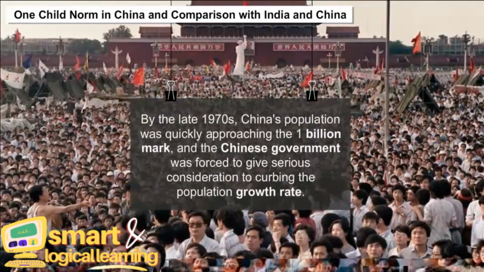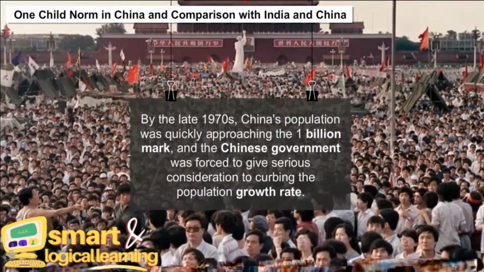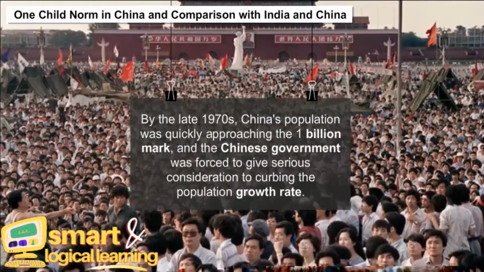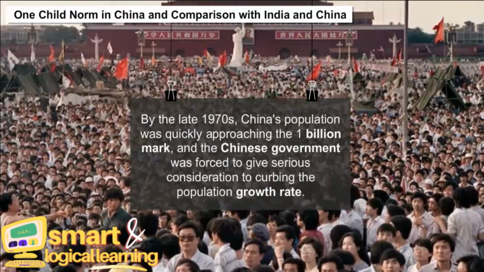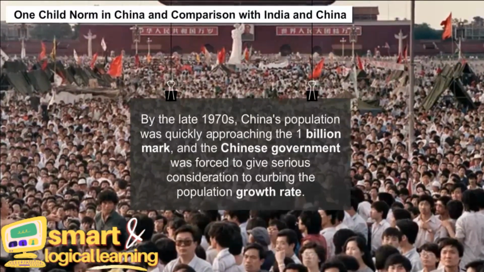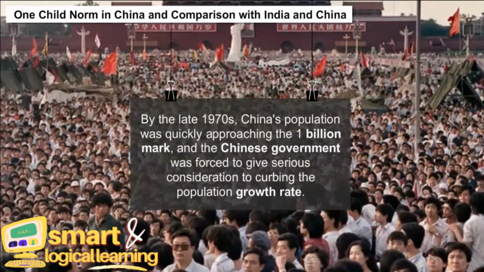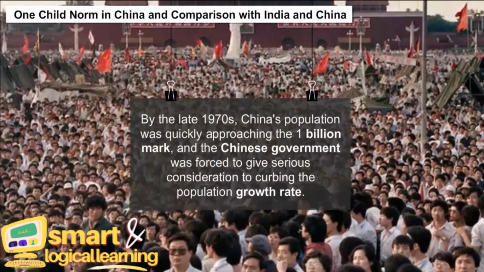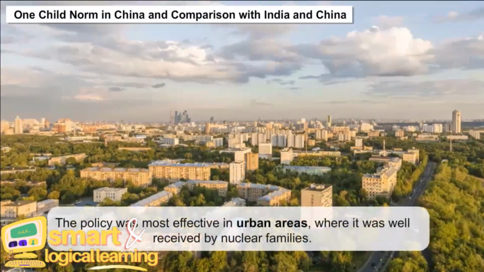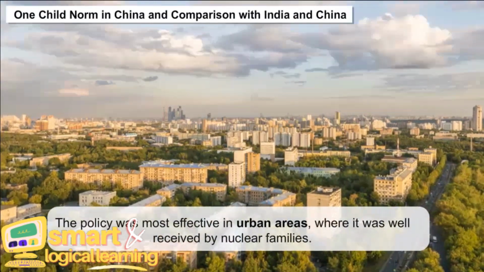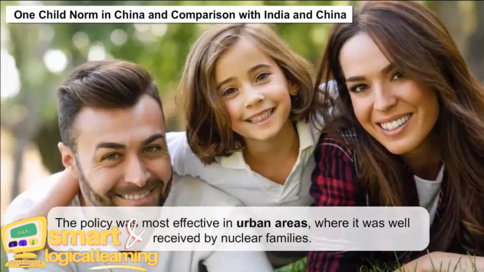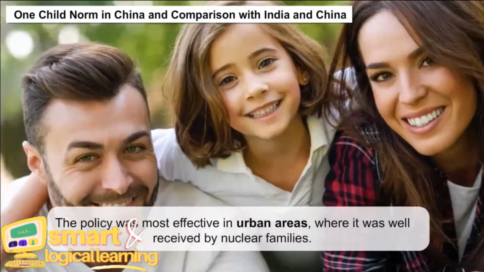By the late 1970s, China's population was quickly approaching the 1 billion mark, and the Chinese government was forced to give serious consideration to curbing the population growth rate. The policy was most effective in urban areas, where it was well received by nuclear families.